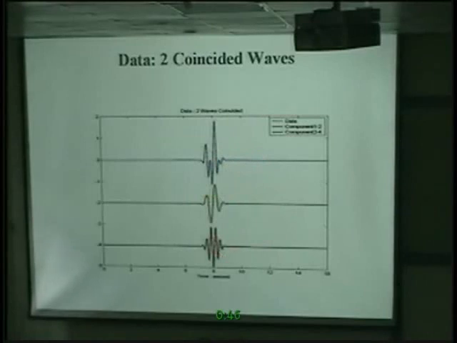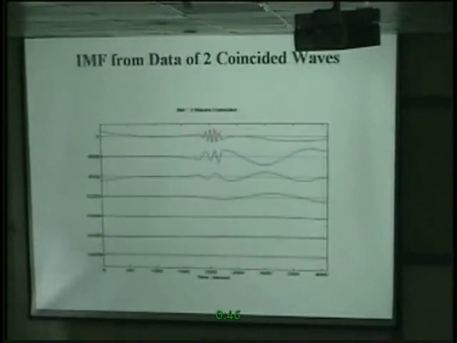If you use strict EMD, the result is like this: I get this component, this component, this component. Even this end is filled up, and I have a very large alias. So it's terrible. A lot of people say, well, EMD doesn't work. I agree with them. EMD does not work very well for this case.